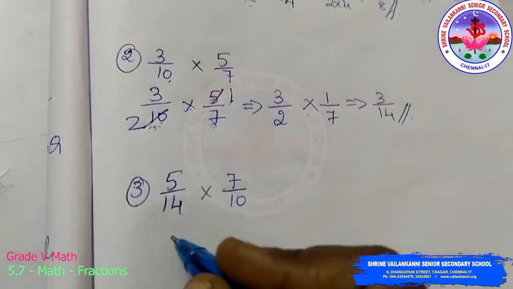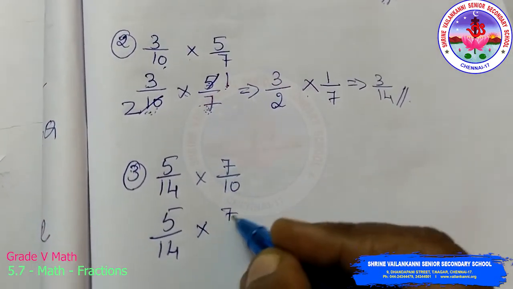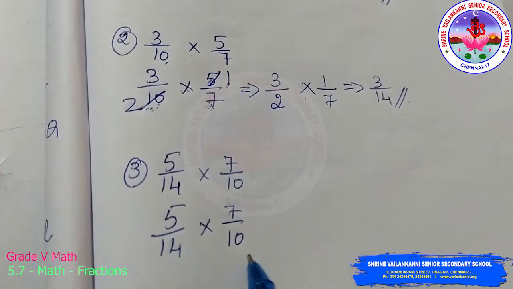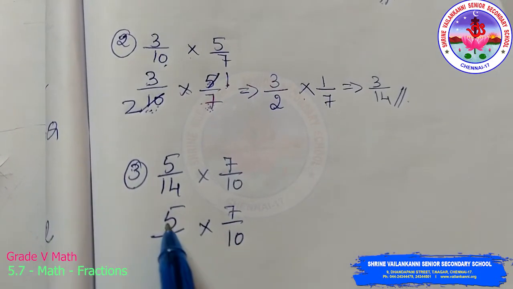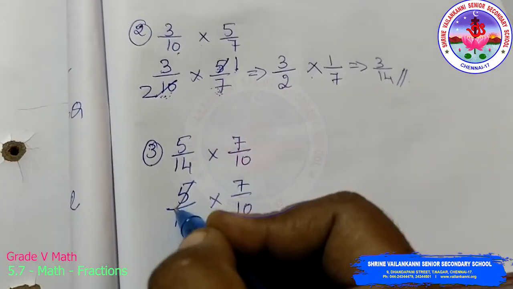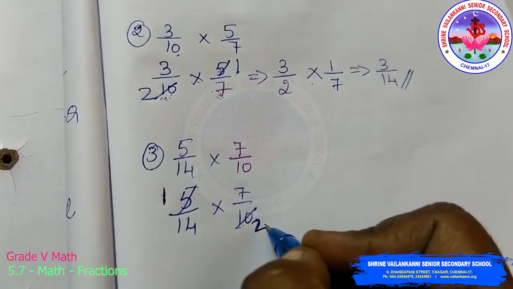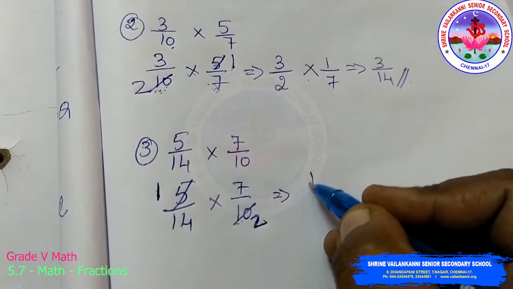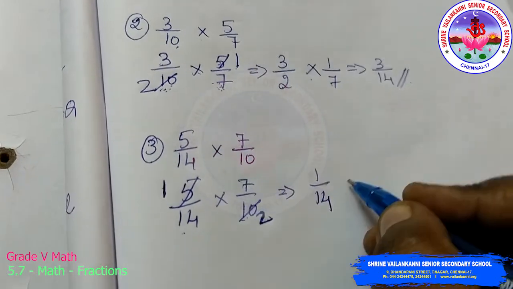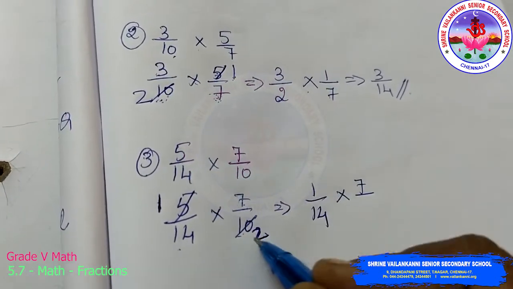So one more sum: 5 by 14 into 7 by 10. Here the opposite numbers 5 and 10 again. So I am taking 5 as a common factor. 5 ones are 5, 5 twos are 10. So 1 in the numerator, 14 in the denominator remains the same. Here 7 remains the same. Instead of 10, 2.